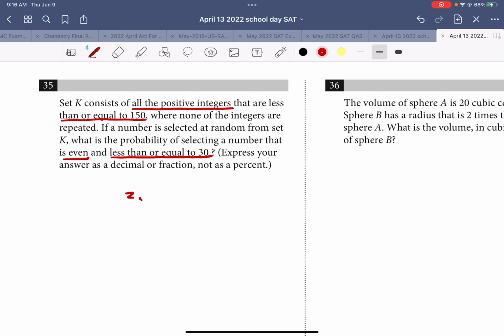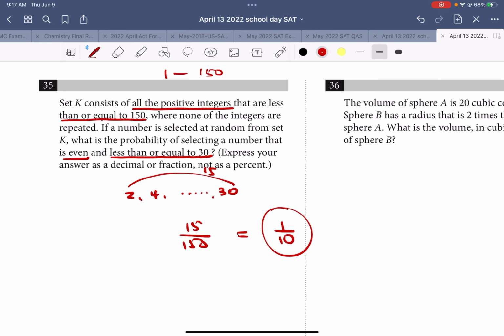So start from 2, 4, going all the way up to 30. You have a total of 15 numbers, because 30 divided by 2 is 15. So the probability is 15 out of your total, all the positive integers 1 through 150, which is 150 numbers. When you reduce, 1 out of 10. That will be your answer.